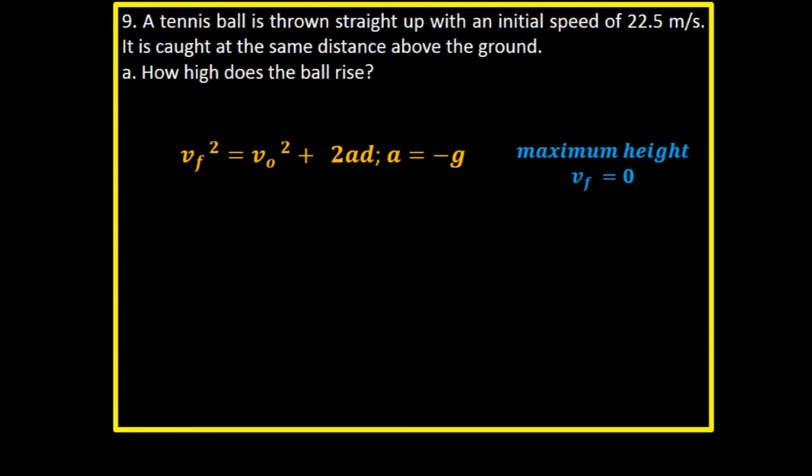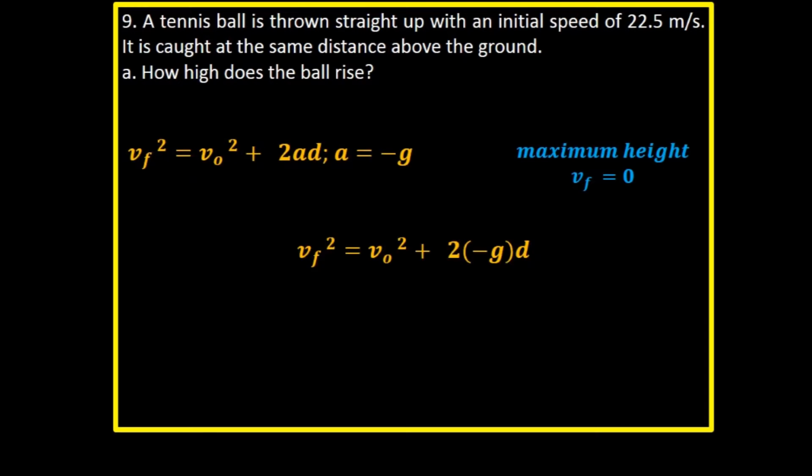V naught is 22.5 meters per second. So plug in and simply crank it out. Again, you can't be wrong with signs if you simply, very briefly, very concisely describe the motion.